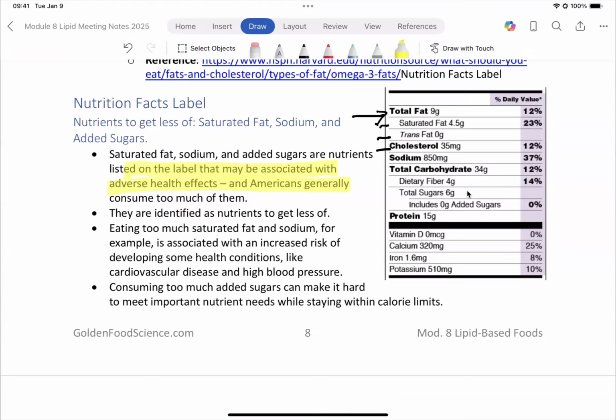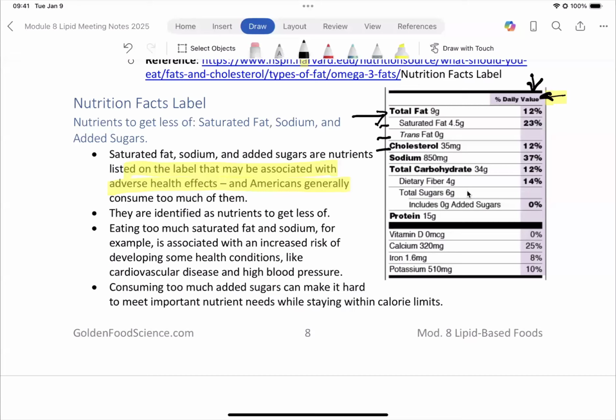Okay, so anyway, they put this on the label. This is the daily value over here. We talked about the daily value.